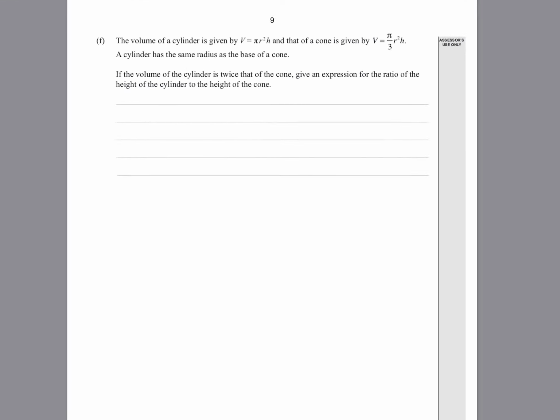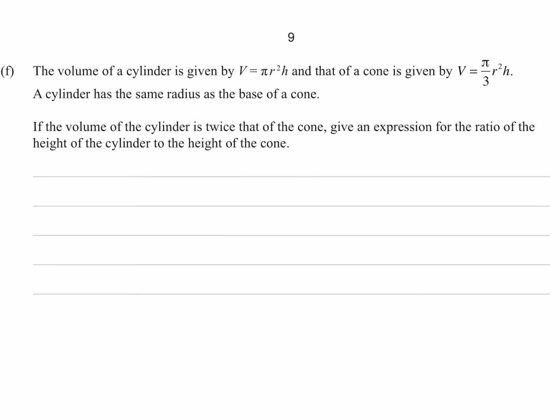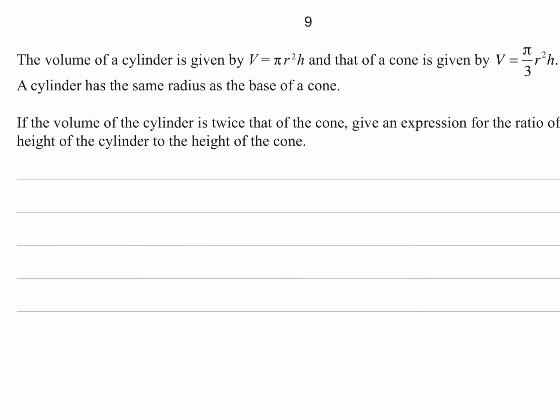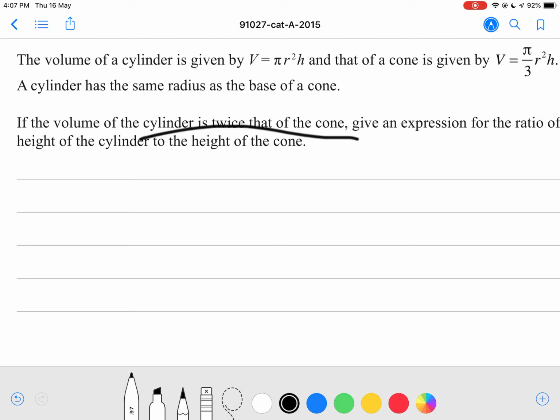Okay, moving along. The volume of a cylinder is given by V equals pi r squared h, height, and that of a cone is given by V equals pi divided by 3 r squared h. A cylinder has the same radius as the base of a cone. If the volume of the cylinder is twice that of the cone, give an expression for the ratio of the height of the cylinder to the height of the cone. Basically you know that the volume of the cylinder is twice that of the cone.